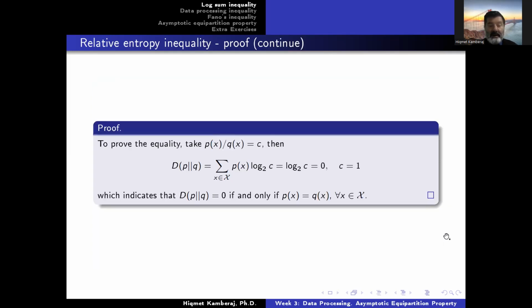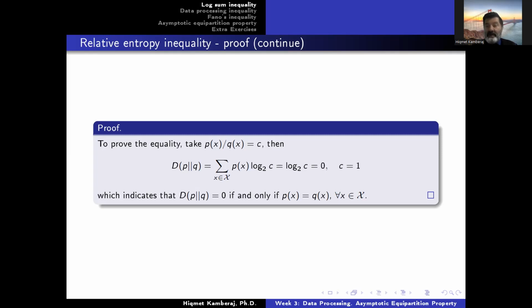Now, to prove the equality, take p of x over q of x equal to some constant. In that case, this constant will be equal to 1. Then we'll have that the relative entropy is equal to the sum of all x from chi of p of x log with base 2 of c, which is a constant in that case. Now, log with base 2 of c, as a constant, I can bring outside the sum.